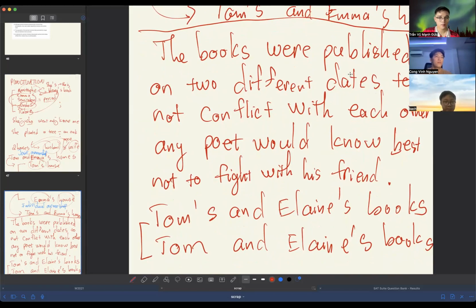But the latter part indicates that any poet would know best not to fight with his friend. So Tom and Elaine are both poets, and Elaine is Tom's friend, and Elaine is the author of the second book. So you have to rely on the context to know if they share ownership or not. You understand this? Yes, I do.